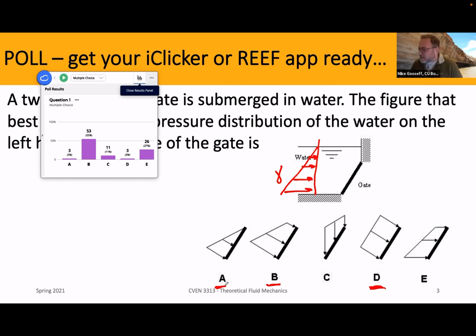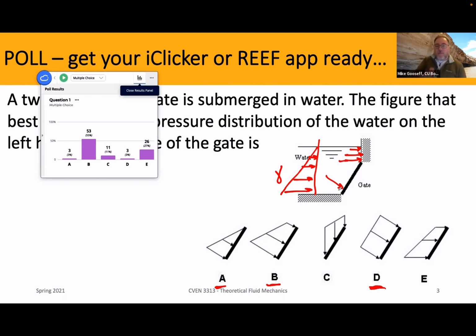If we were above the gate, the pressure would be increasing and acting perpendicular to the wall. When we transition to the gate, we change that direction, and it acts perpendicular to the gate. So A, B, or D should be the one that we have.